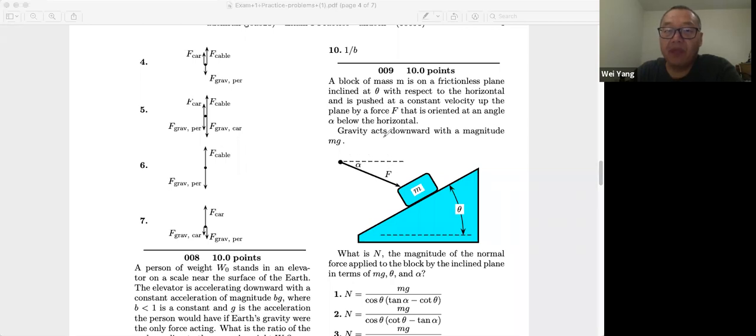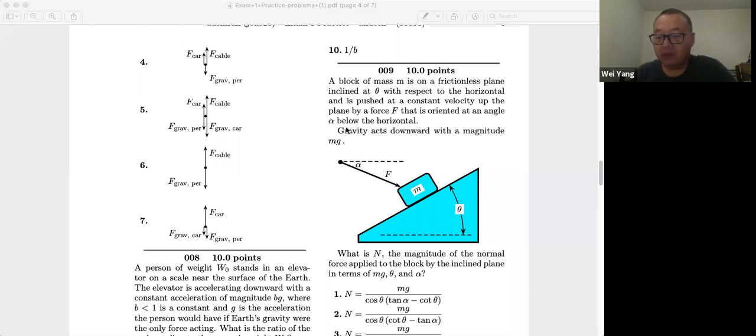Gravity acts downward with a magnitude mg. What is N, the magnitude of the normal force applied to the block by the inclined plane, in terms of mg, theta, and alpha?